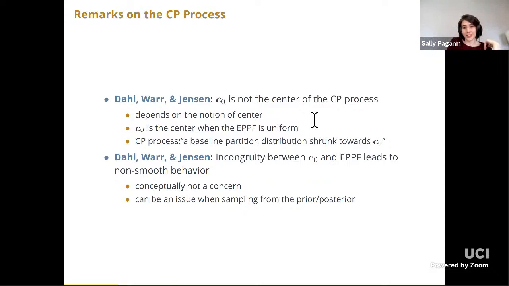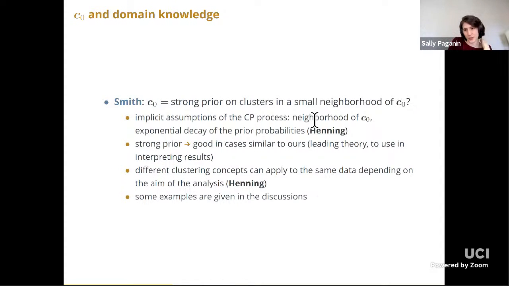Another theme that has been raised by Adam, and that also touches on some of the other discussants' comments, is about the meaning of C0 with respect to domain knowledge. A question, paraphrasing what Adam said: does having this information about C0 necessarily translate to putting a strong prior on clusterings that are within a small neighborhood of these partitions? And this somehow sheds light on the implicit assumption that we are making while presenting our process.